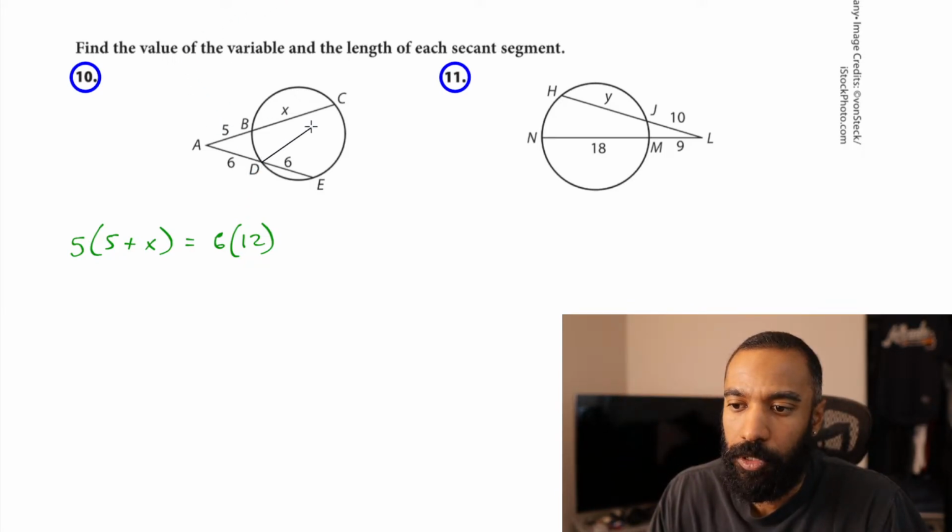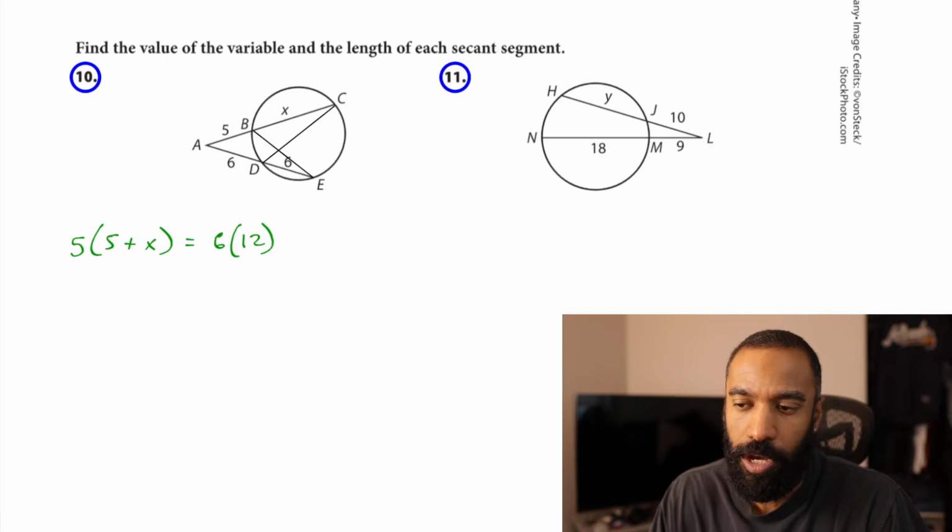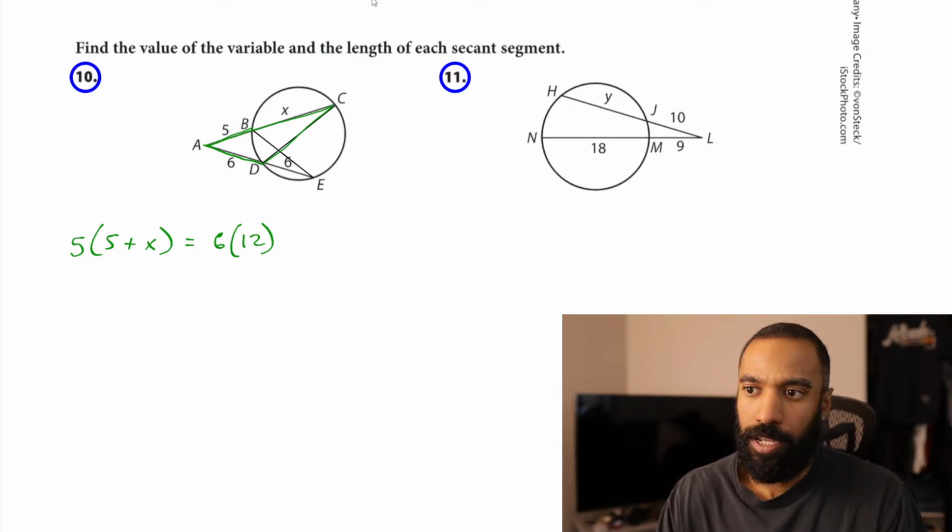Why does this work? Well, we have another similar triangle case right here. We have this triangle and this triangle. I could make them different colors, but there will be overlap. Here's one of the triangles, and here's the other. Hopefully you can see the blue and the green still.